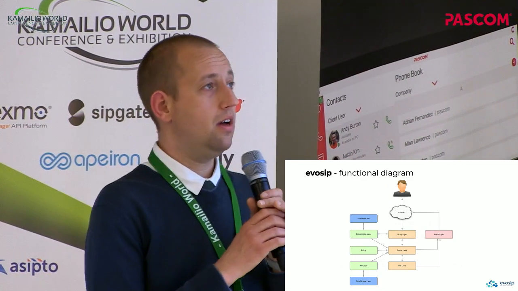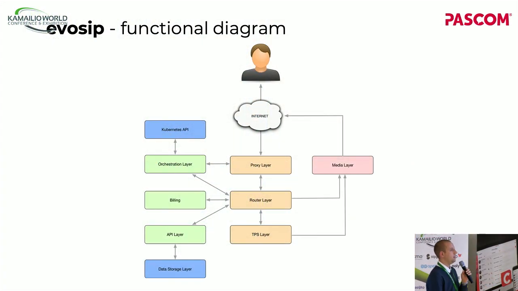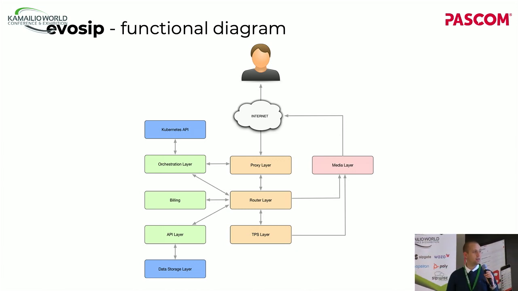Let's see how the project is defined. We have an edge layer, the only one that is reached by outside, the proxy layer. Then we have a routing layer where the main business logic in terms of SIP happens.